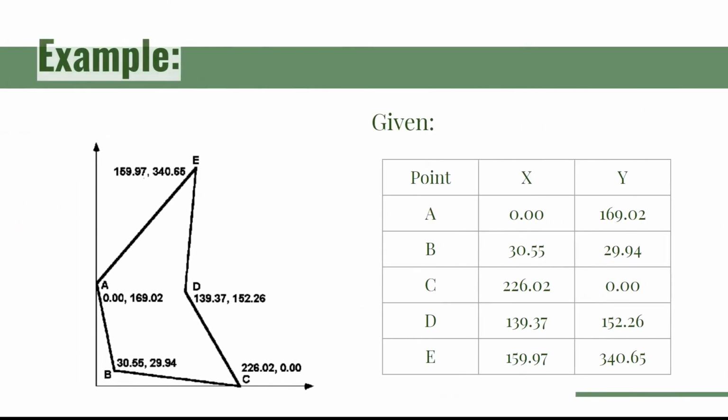So we have here an example for solving for the area using coordinates. We can see here points with their respective x and y coordinates. Point A is on 0 and 169.02. Point B is on 30.55 and 29.94. Point C is on 226.02 and 0.